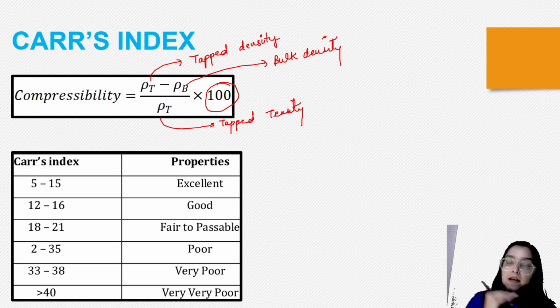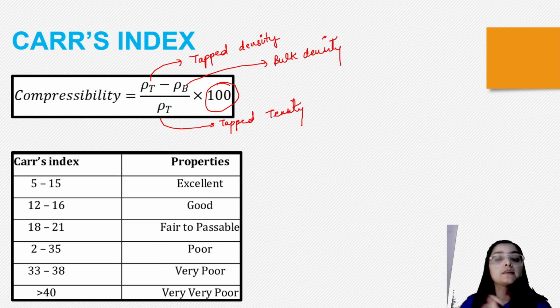So the mass of the powder upon the bulk volume, which is the volume of the powder poured as such and might have gaps in between, is the bulk density. Or it can be obtained by tapping, which gives the tapped volume, and that will be the tap density. So this is the formula for compressibility: tap density minus bulk density upon tap density into 100. Very important from your exam point of view.